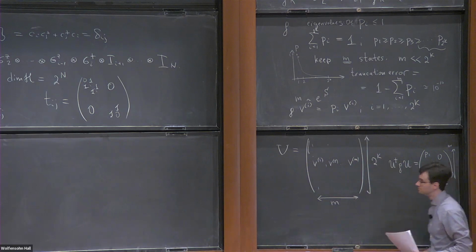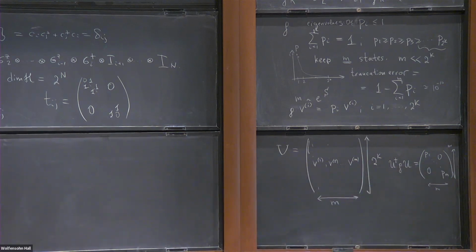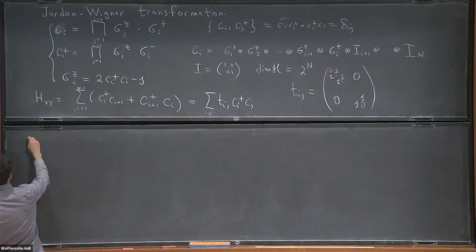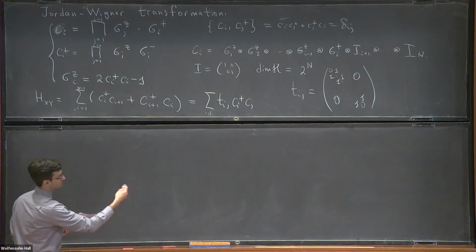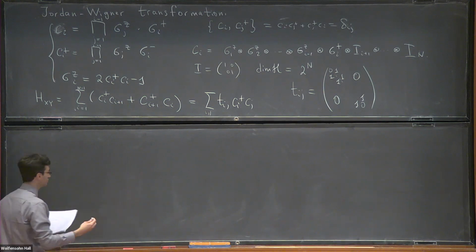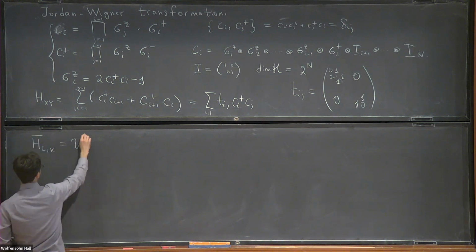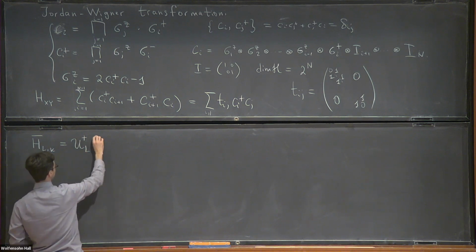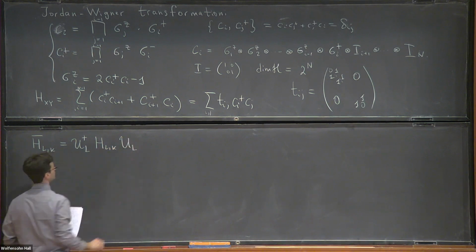All right, so now I do my renormalization by truncating my left and right blocks using this matrix U. I define a truncated block, k bar, by conjugating it by the matrix U. Let me call it U left, k left.